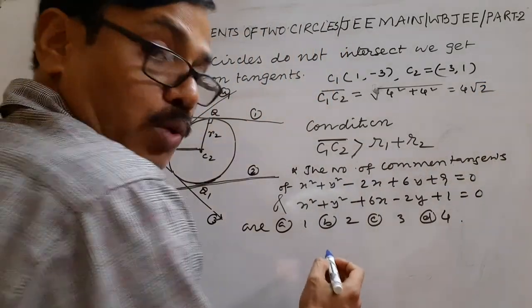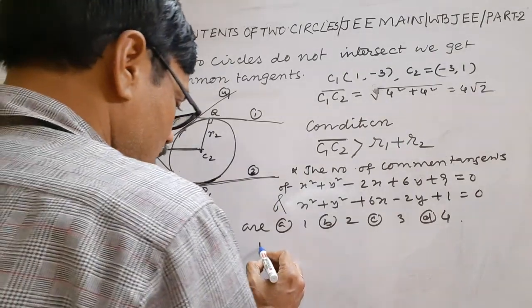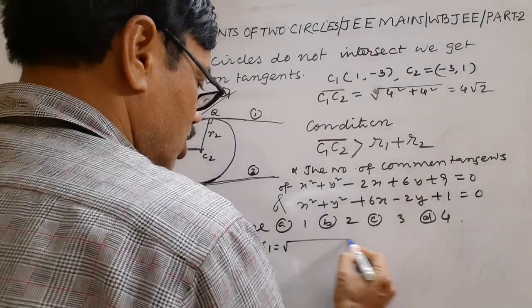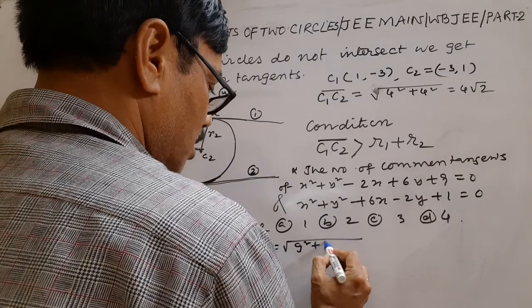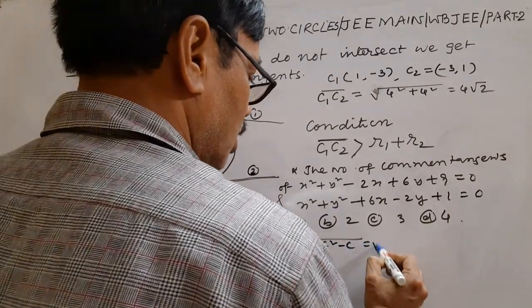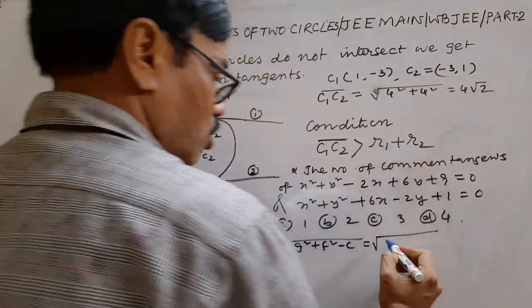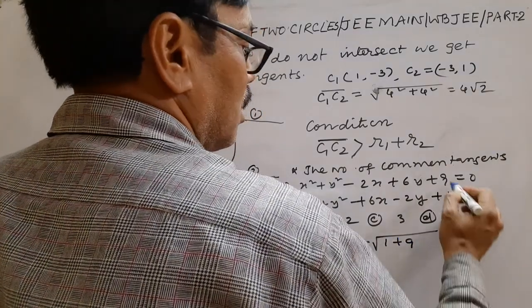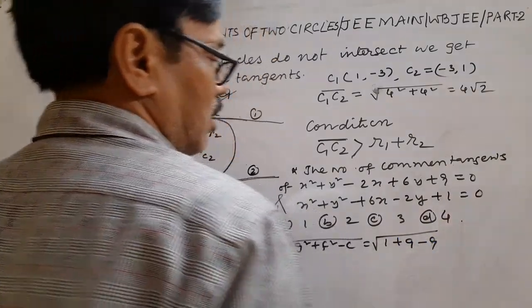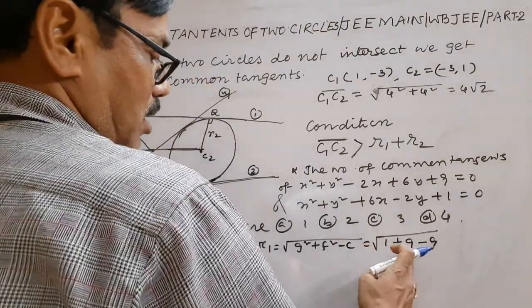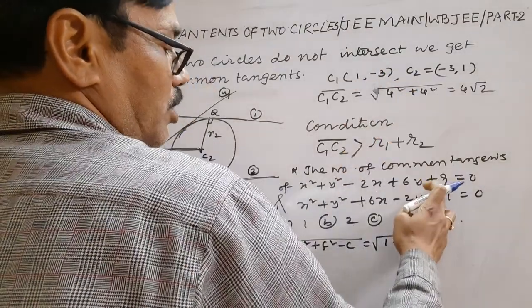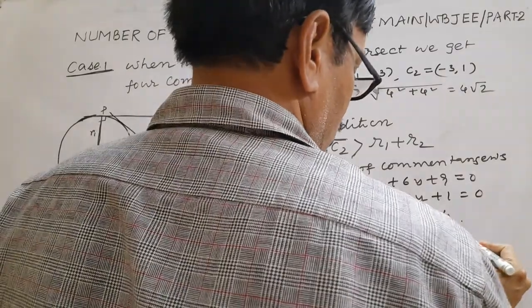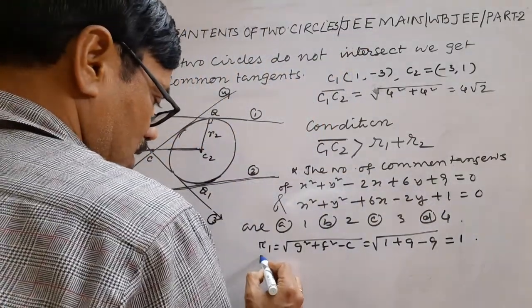Now what is R1? R1 equals the radius, so root of g square plus f square minus c. So 1 plus 9 minus c, which is 9. So this is 1. Now what is R2?